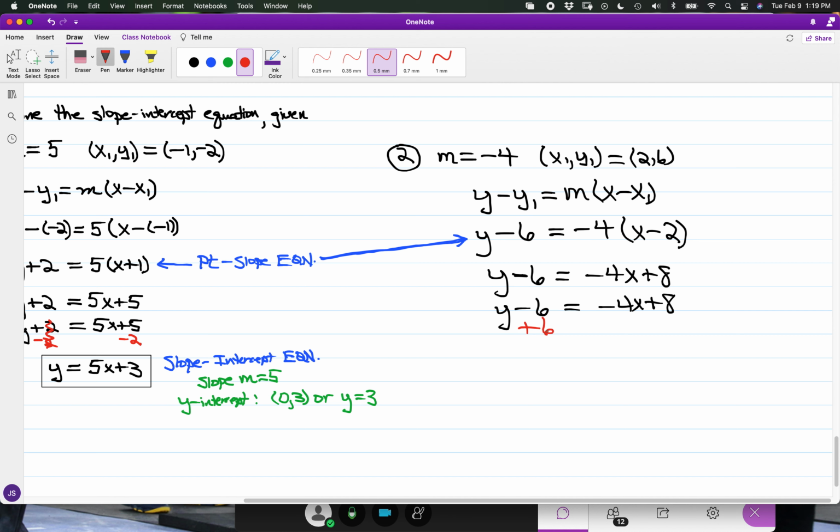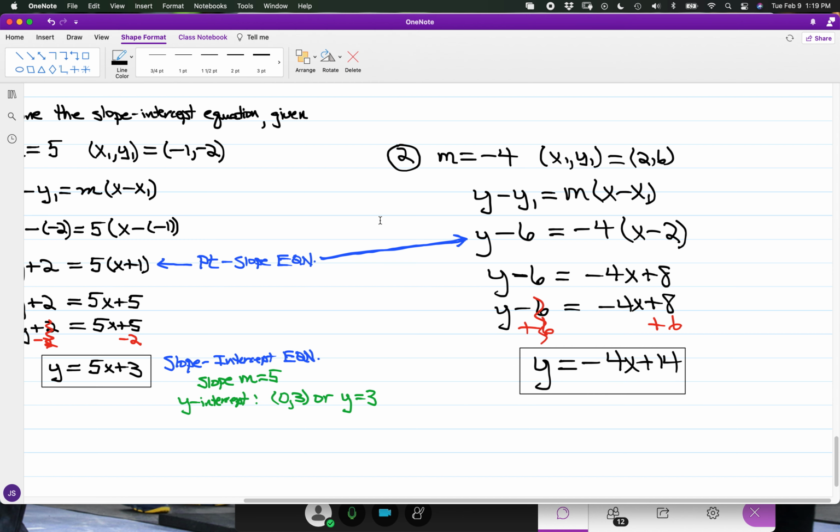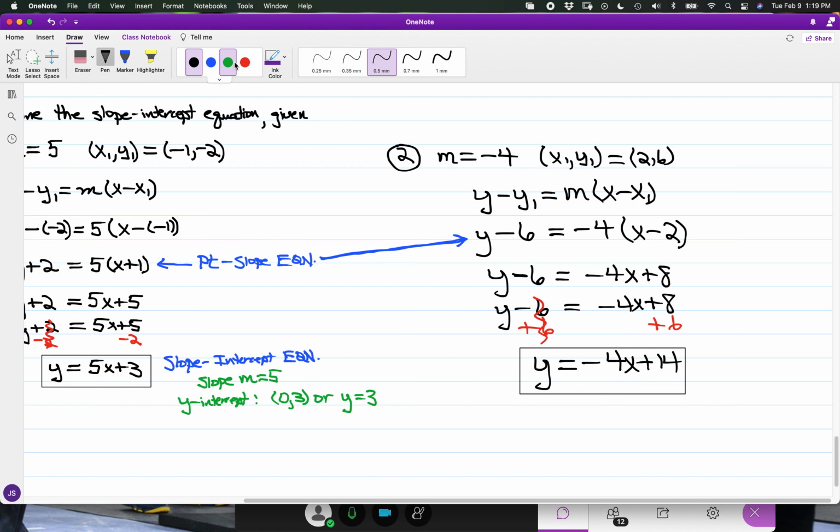And then isolating y, adding 6 to both sides, we're going to have that y is equal to negative 4x plus 14. Again, that's going to be the slope-intercept equation.